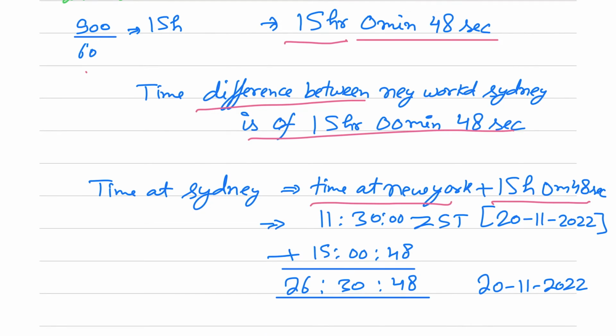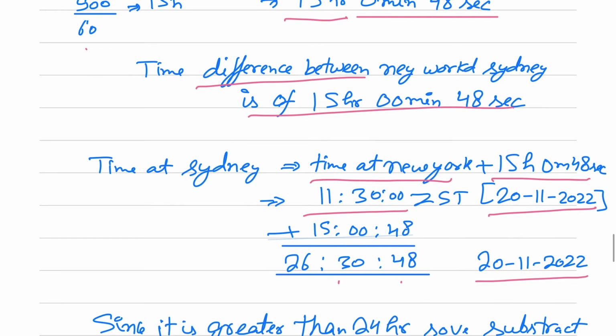So the time at New York was 11:30:00 GMT and the date was 2011-2022. If we add 15 hours and 48 seconds to that, we get 26 hours 30 minutes and 48 seconds. But we know that time is between 0 and 24 hours.